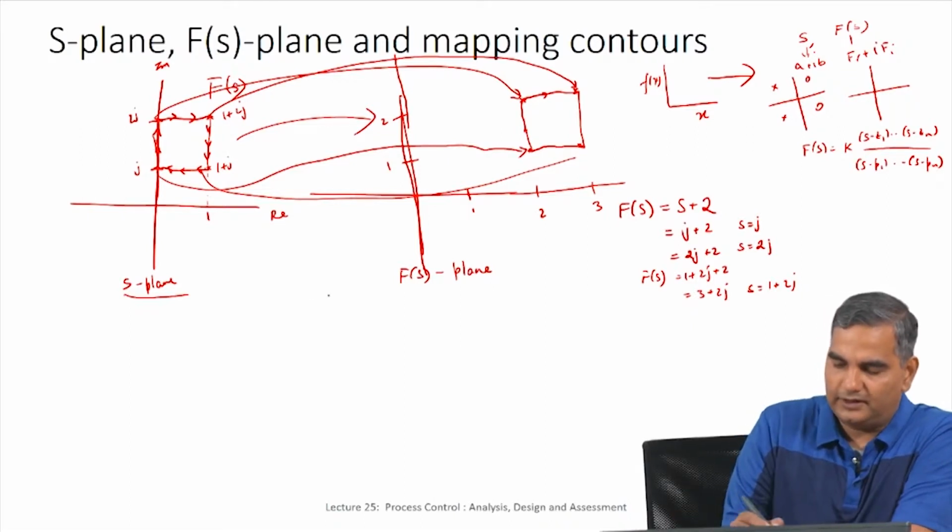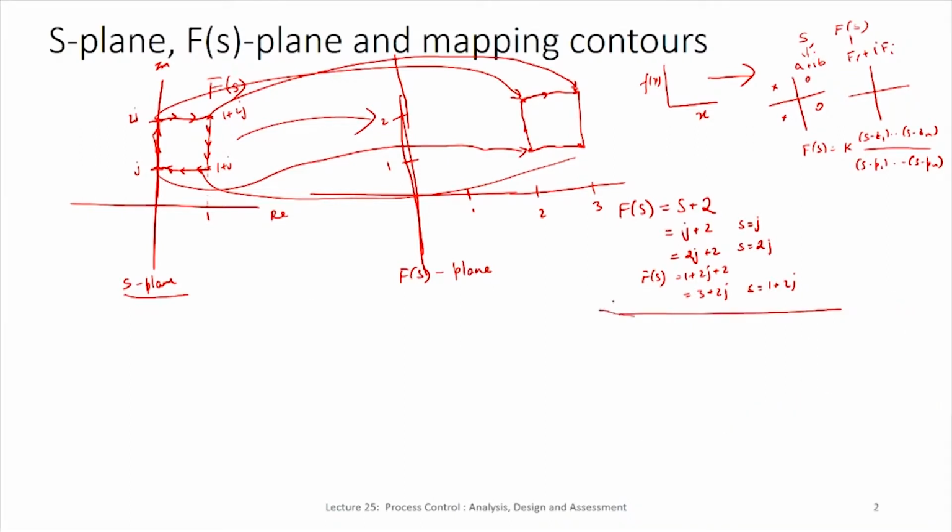Okay. So, now let us assume that I have an f of s which is 1 by s plus 2, not s plus 2, 1 by s plus 2. If you want to think about this, this is like a pole at minus 2. Now, let us see what will happen to the f of s plane.